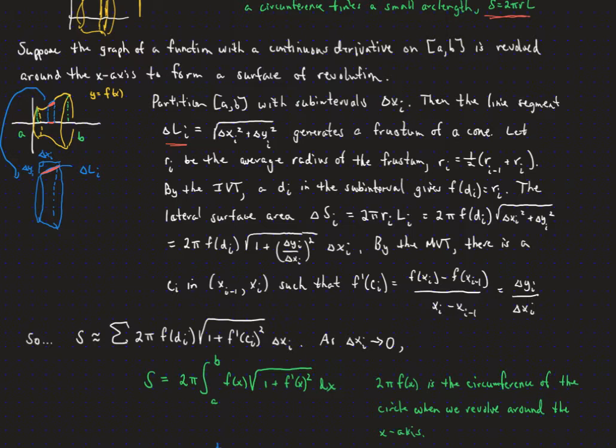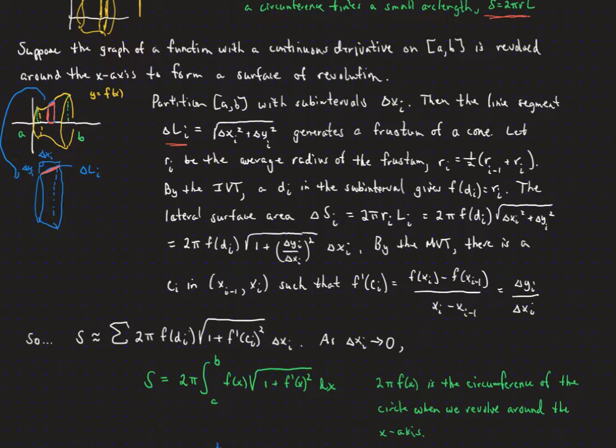And we're saying the r sub I is our average of the sides here. So this is like an r sub I minus 1, and that's an r sub I. But that delta r is going to get so small that we're just going to safely and reasonably replace that with the average of those two radii, so we can get to a single variable.